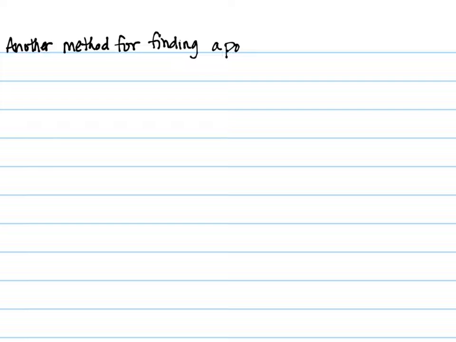So another method for finding a power series is by integration and differentiation. I'm going to abbreviate. Integration and differentiation.